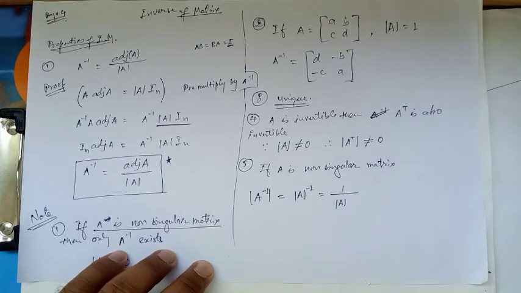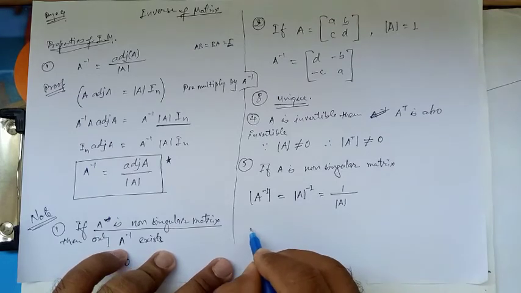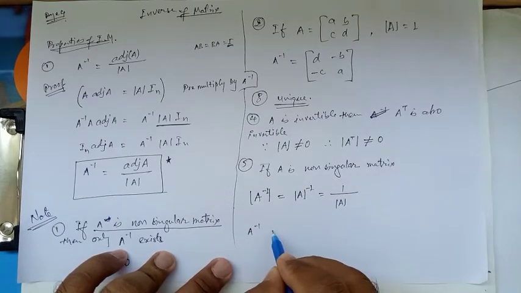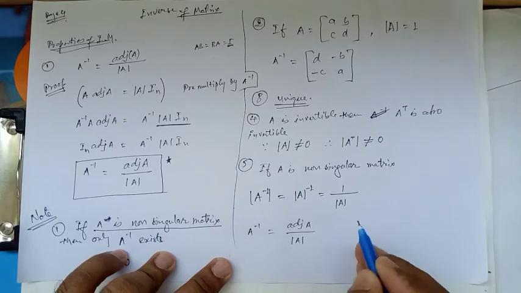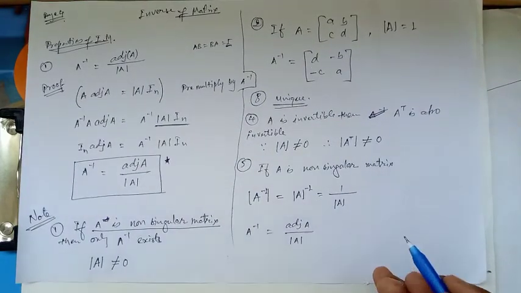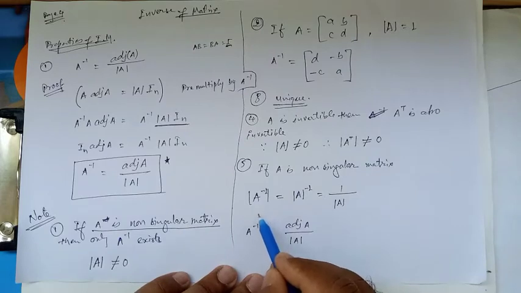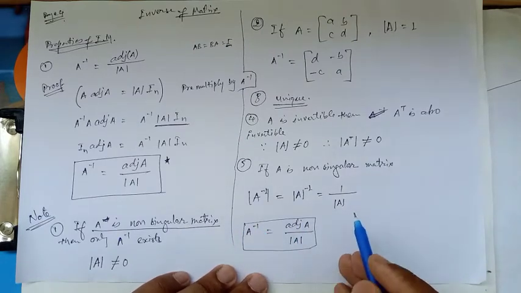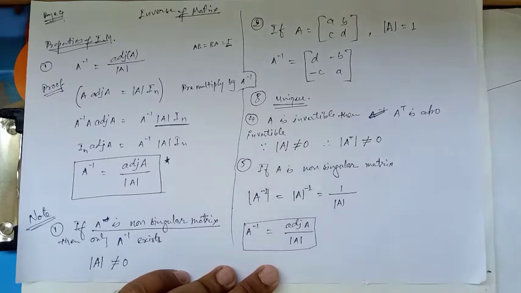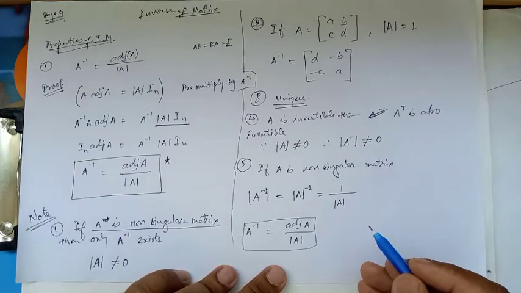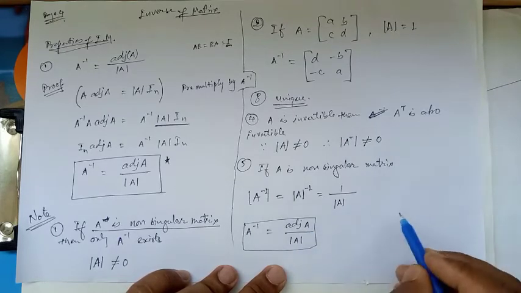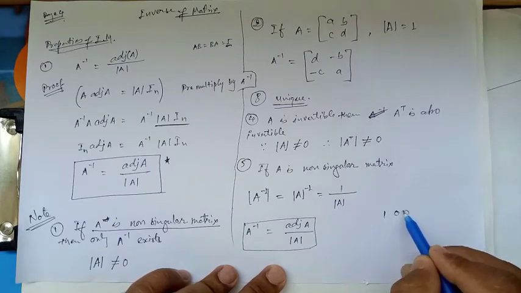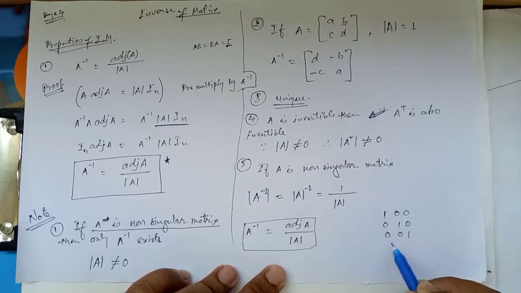And we'll see some more things. A inverse is adjoint A divided by determinant of A, and we can find out this thing. So how are we going to find it? We'll take an example. Let us consider the determinant of A is 2 and the adjoint is 1 0 0, 0 1 0, 0 0 1.